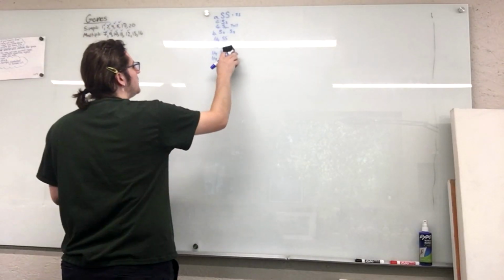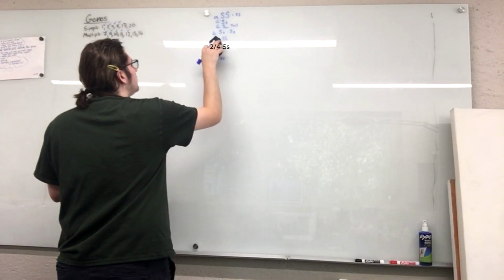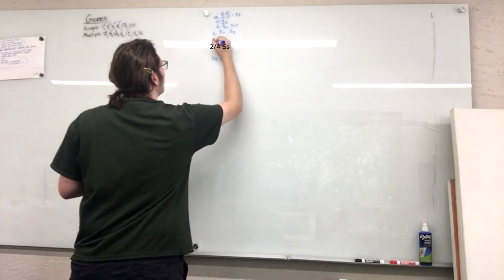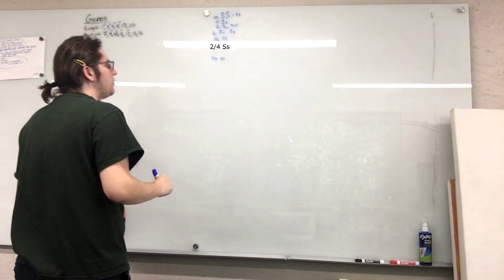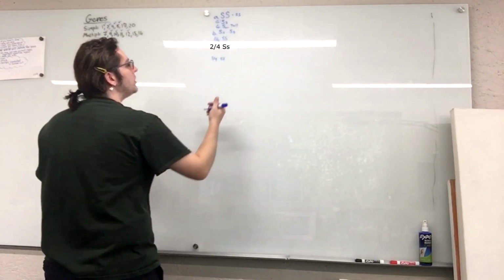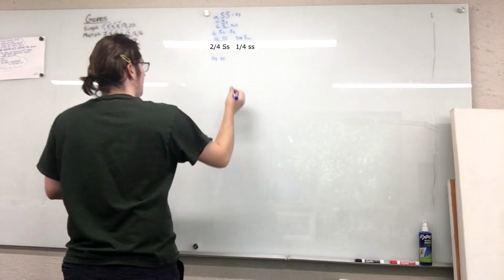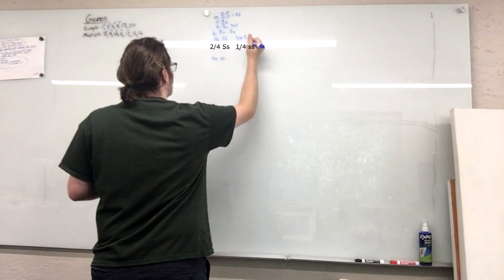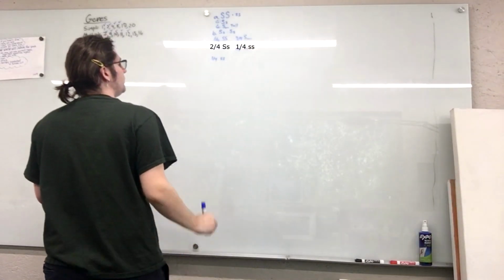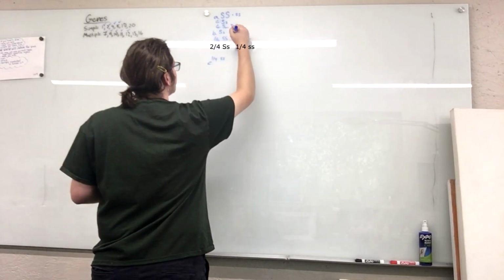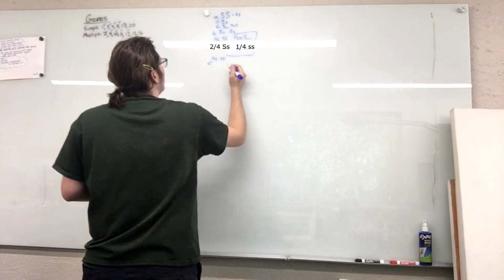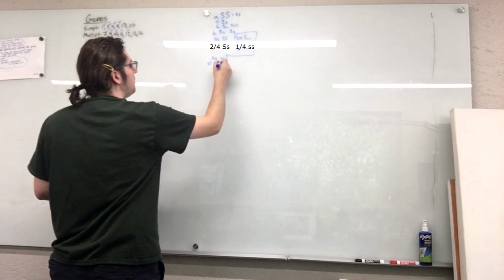And we can combine these two here to give us 2 over 4. Okay, so these would be our genotype ratios. For our phenotype ratios, we would have 3 over 4 being tall, and then 1 over 4 being dwarf. So there are our answers for B.